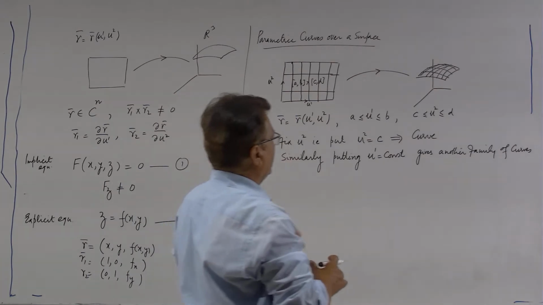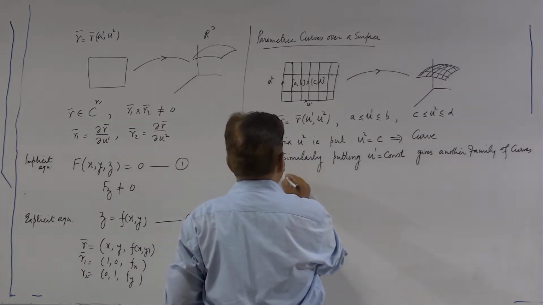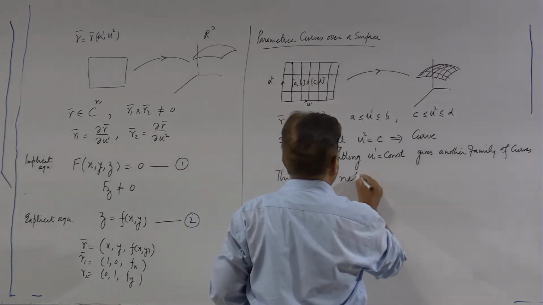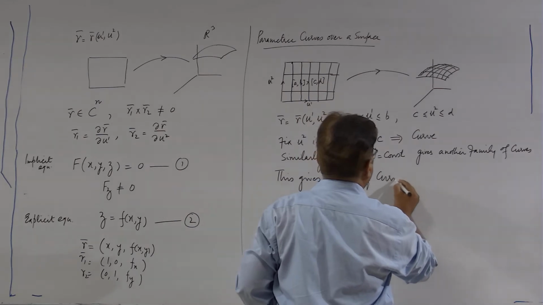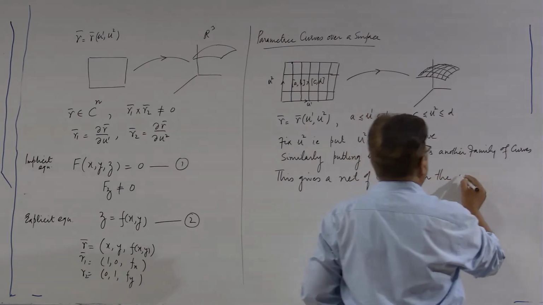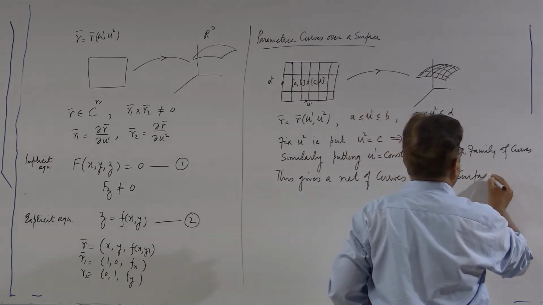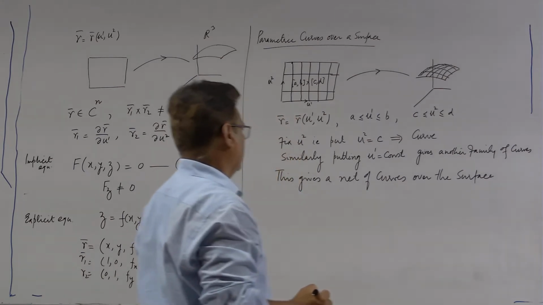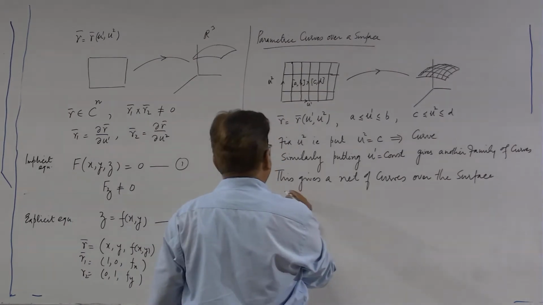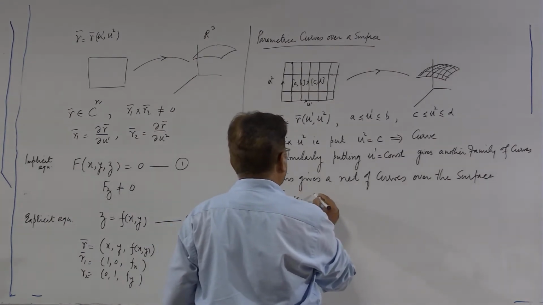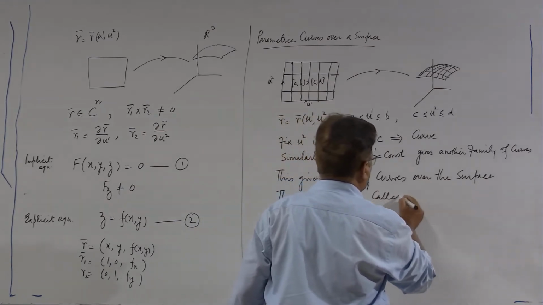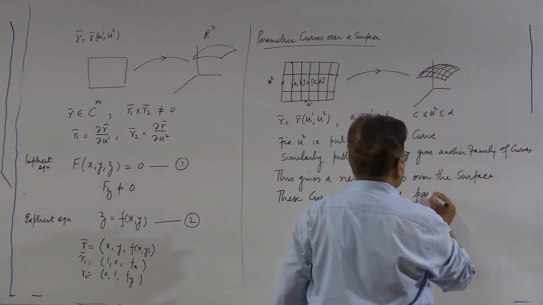So, this gives you a net of curves over the surface. These curves are called parametric curves.